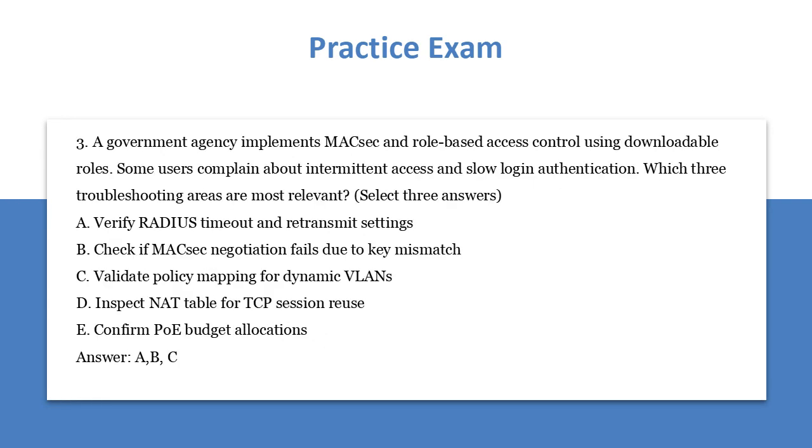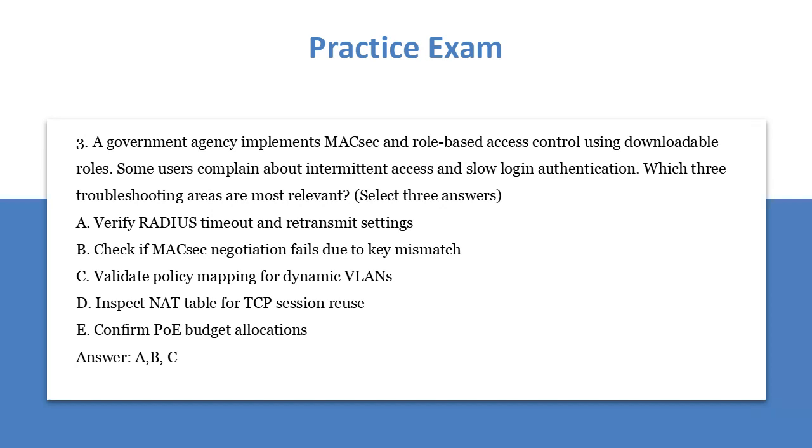3. A government agency implements MACsec and role-based access control using downloadable roles. Some users complain about intermittent access and slow login authentication. Which three troubleshooting areas are most relevant? Select three answers. A. Verify RADIUS timeout and retransmit settings.